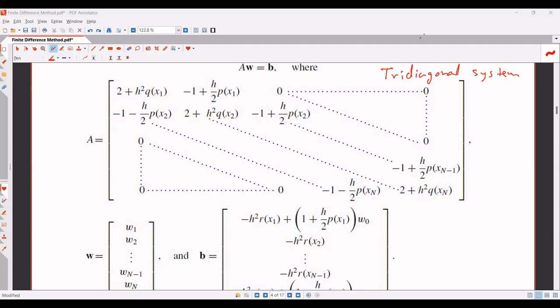But this particular system has a pattern, and for this pattern there is a method that gives us a much simpler situation than those methods. All right, and that method is called LU factorization.